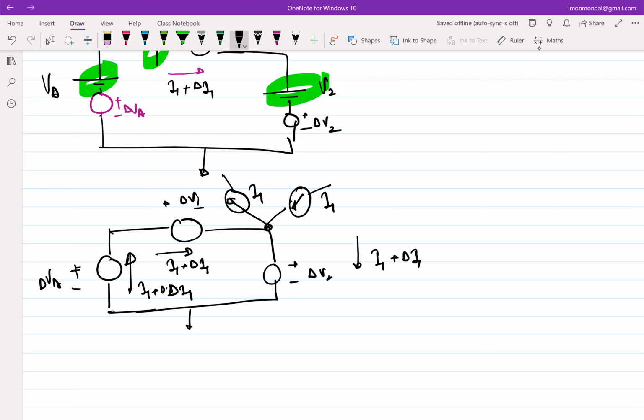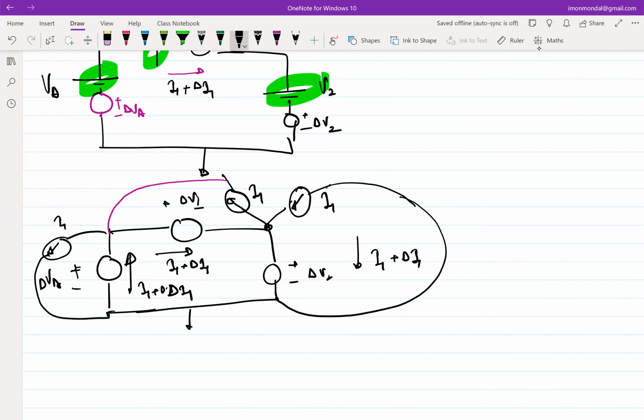So I'm pushing some current in and taking some current out. Essentially, I'm adding zero current, no harm done. I'll do the same thing at the other node. This current anyway was coming out, so I'll push it in here, and I will pull an equivalent current I1 out. And the same thing I will do here, and the same thing I will do here.